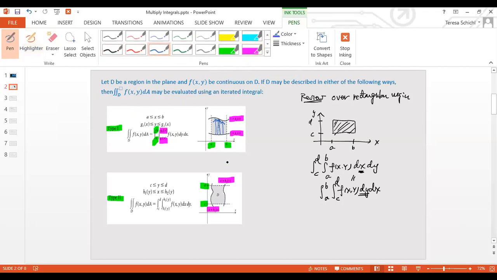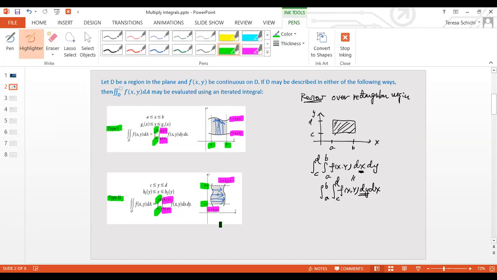So for this type of region you integrate x first, which means you write x as a function of y, from h1 of y to h2 of y. Afterward you integrate out c to d, the y boundaries.